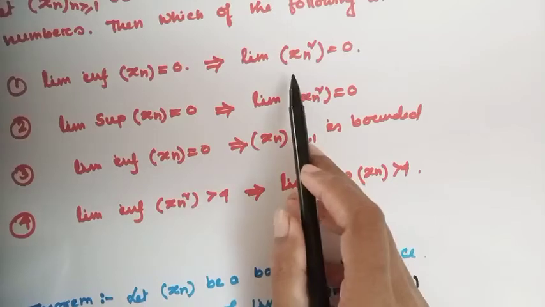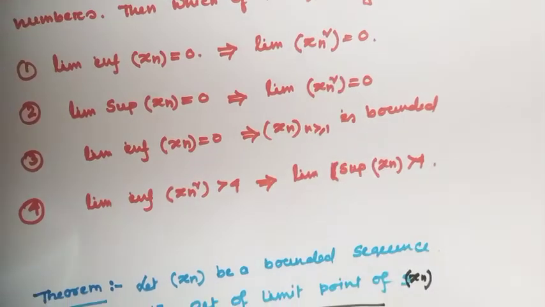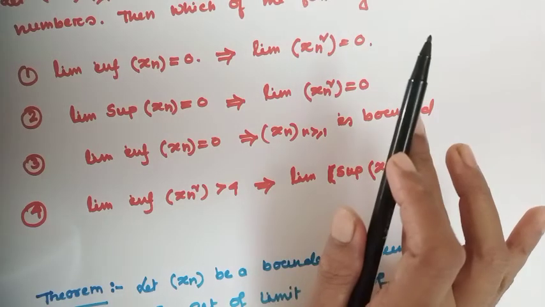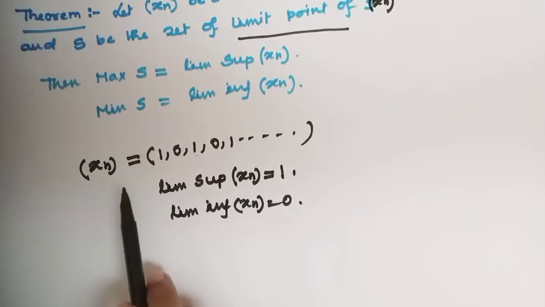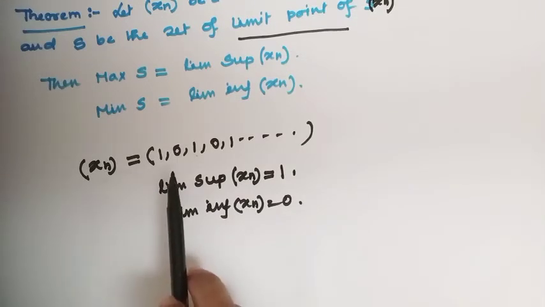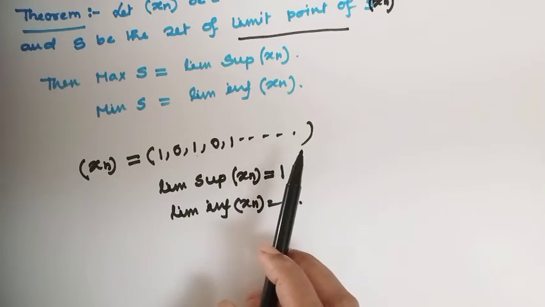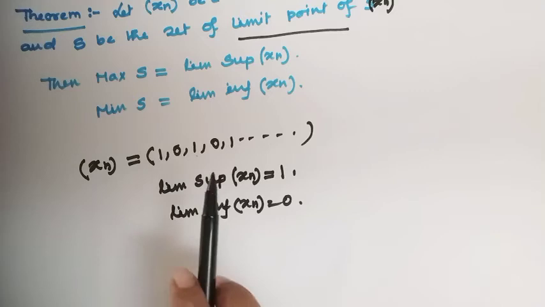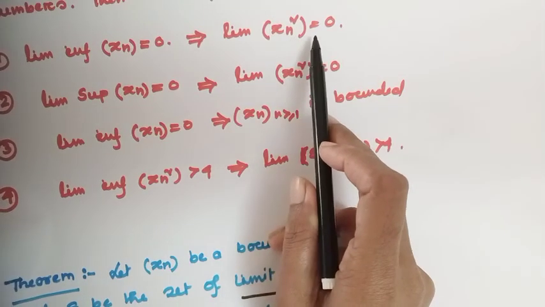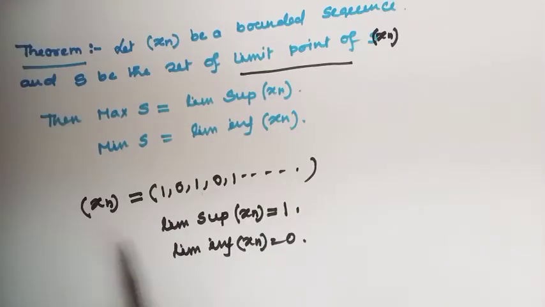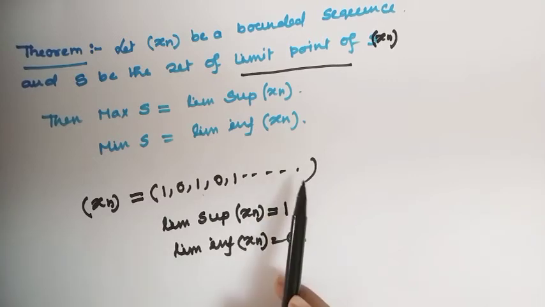That implies limit xn square equal to 0? Xn square means you need to square every term of the sequence. But if I square every term of the sequence, what will I get? Xn square will be the same sequence. So the limit of this sequence xn square can never equal 0. Here the limit does not exist.